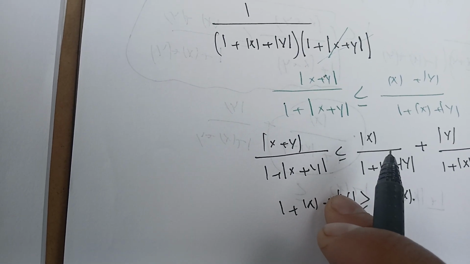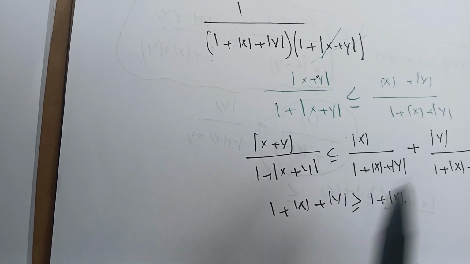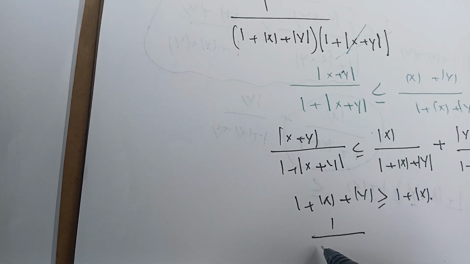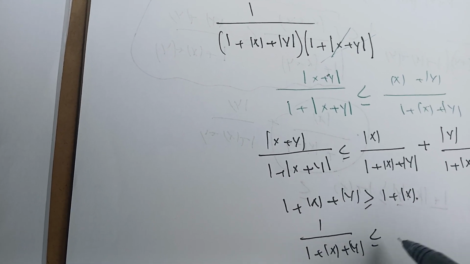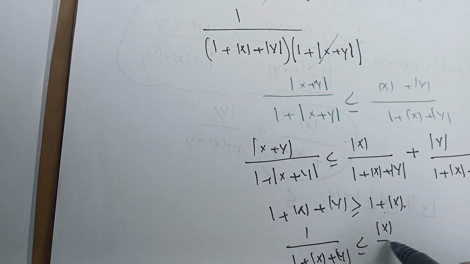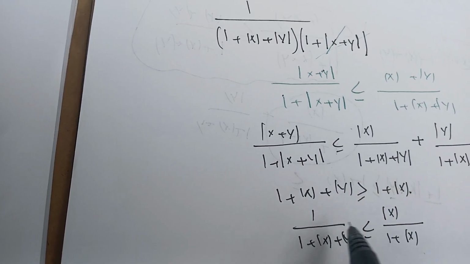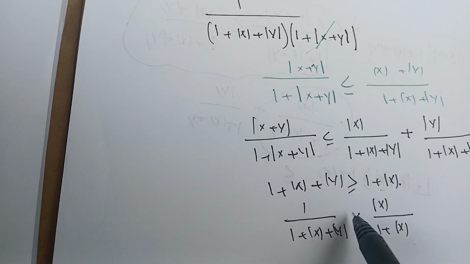Just take the absolute value of y bigger than 0, and add 1 plus the absolute value of x to both sides. Now, if we divide over, we have 1 over 1 plus the absolute value of x plus the absolute value of y is less than 1 over 1 plus the absolute value of x. The same thing for the y.